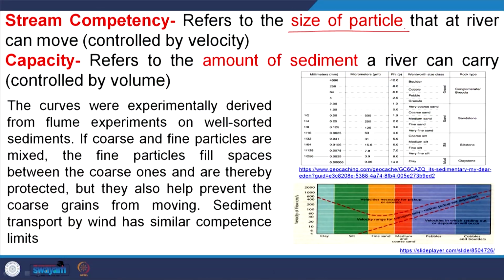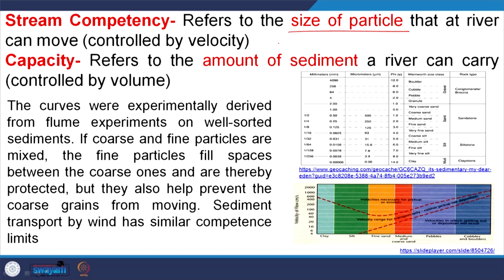Then stream competency. Competency means how competent a stream is, and for what? Competence refers to the size of a particle that a river can move, controlled by velocity. So it is competent to move a particular size of sediment.